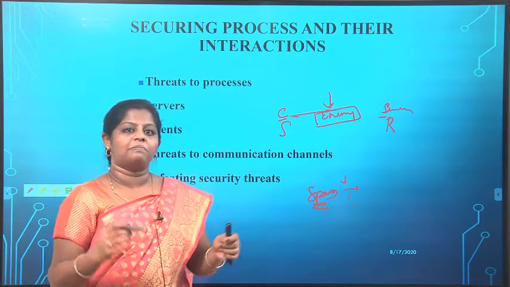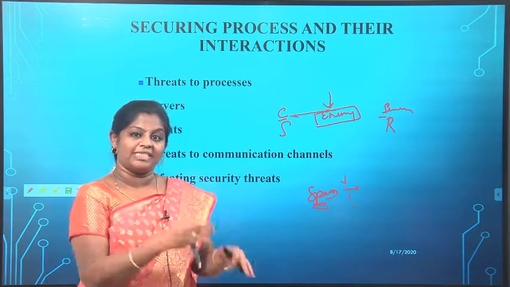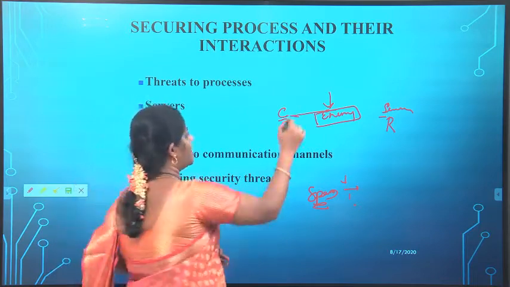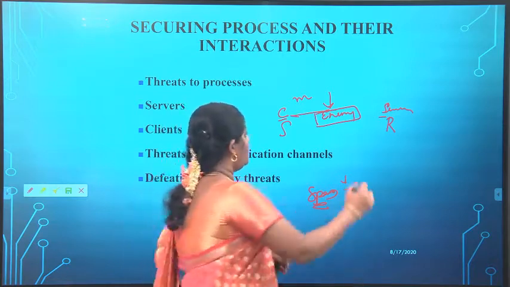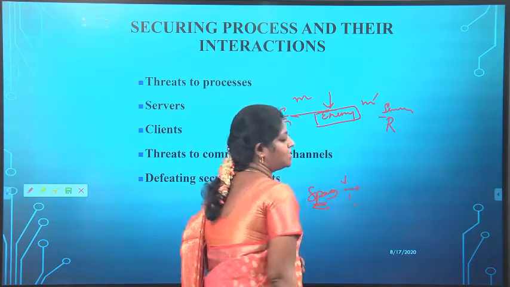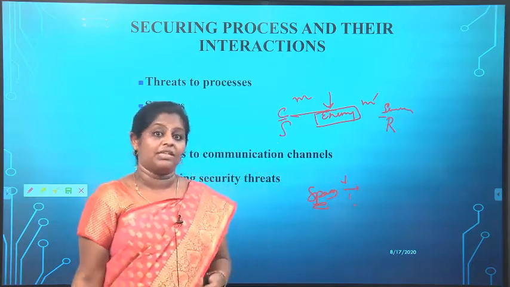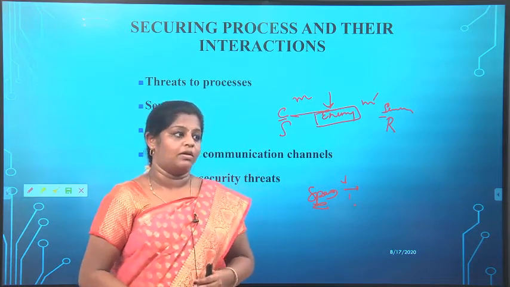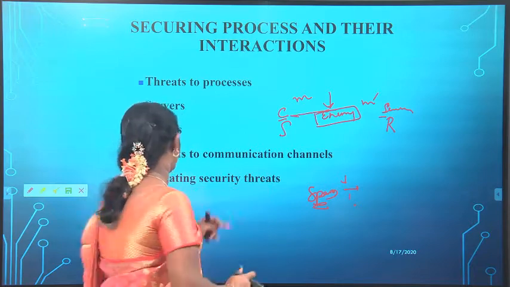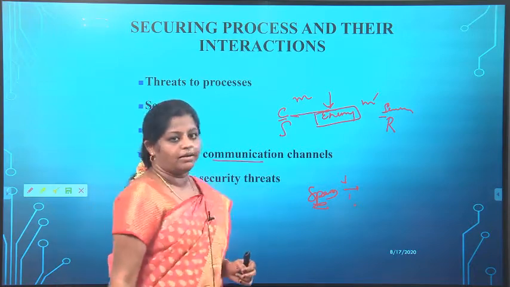What can the enemy do in between? The person can modify the message or delete some portion of the message. For example, M is the original message the sender is sending. The enemy can modify the message and send M dash to the receiver. That is not the original message. He modified the message and sent it to the receiver. So we need to take care of the communication channel.